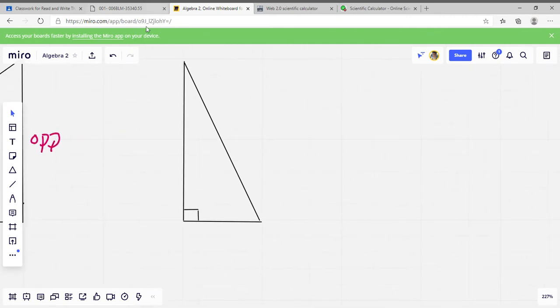And it doesn't matter which way our triangle is orientated, so I'll do one more. Here's our 90. Across from that is going to be our hypotenuse. And then if we're talking about this angle, our opposite would be over here, and our adjacent would be down here.